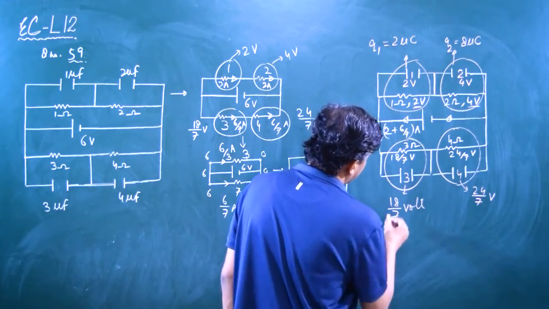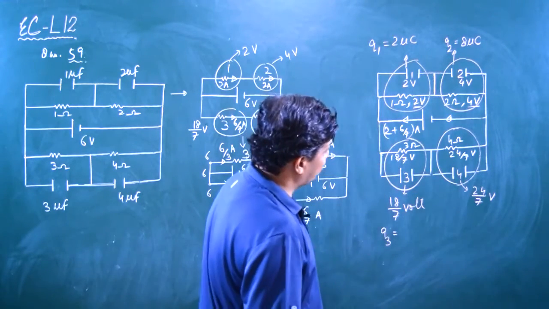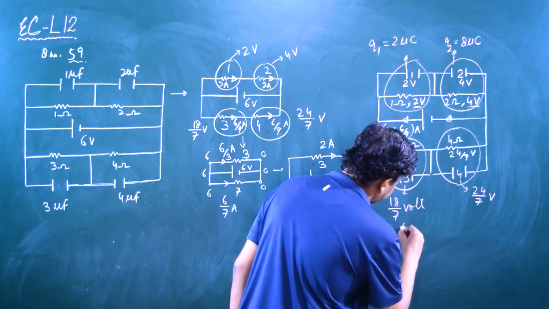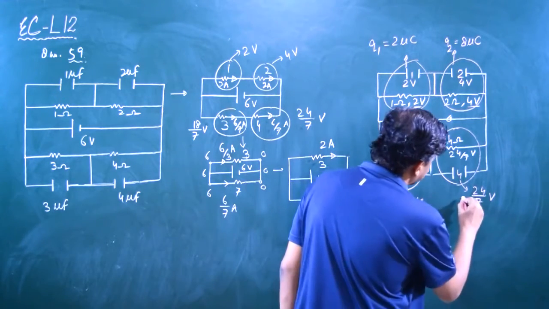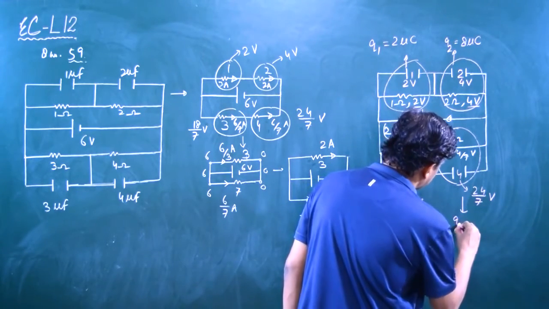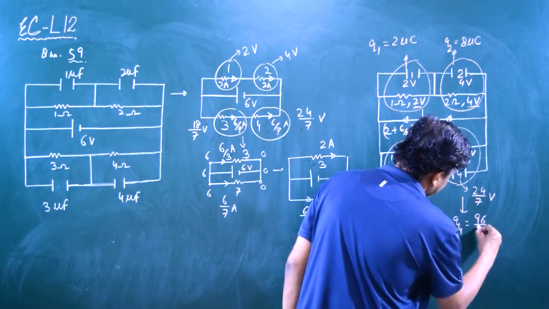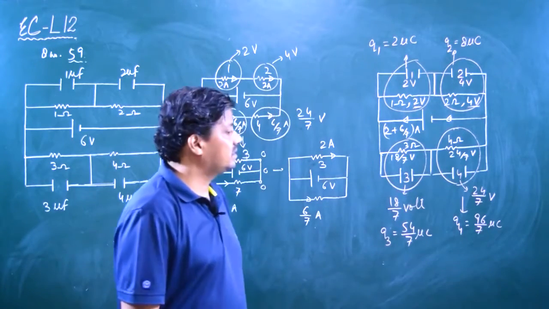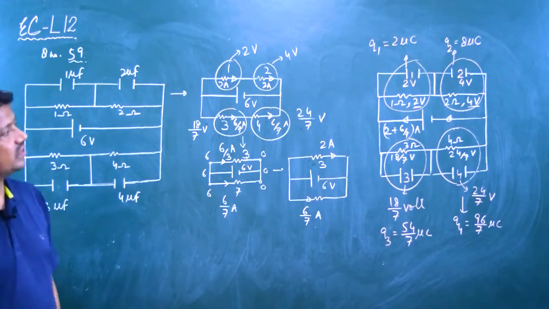Similarly Q3 across the 3 microfarad capacitor, so 3 into 18/7, that is what? 54/7 microcoulomb. And here also we may get the charge across 4: CV, 4 into 24/7, that is 96/7 microcoulomb. In this way we find the charges across the capacitors. Okay, so this one was the solution for this question.